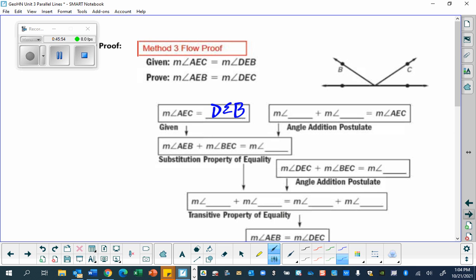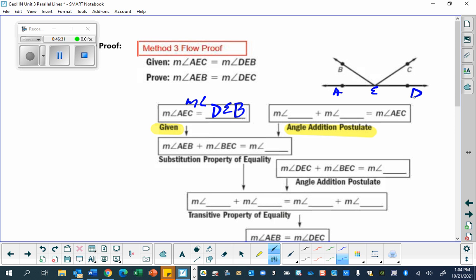As we do a flow proof, what's written underneath the flow proof is what supports whatever is inside of the box. So if those two angles are given to us as having the same measure, AEC has the same measure as angle DEB, I can jump in and find my angle addition postulate, where I have A and E, and this is D, right?